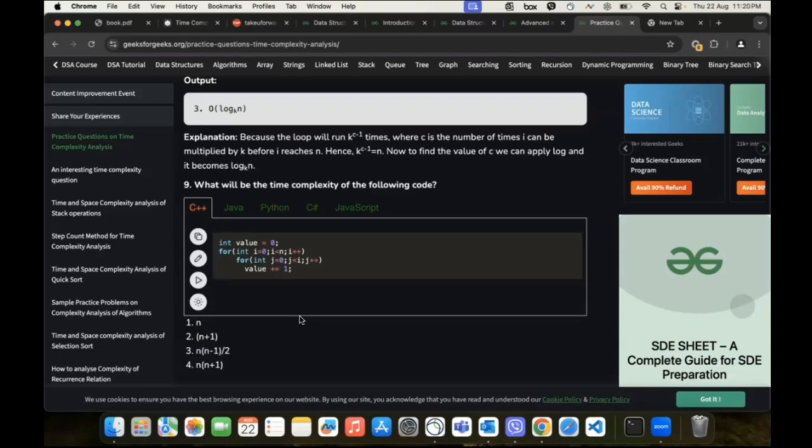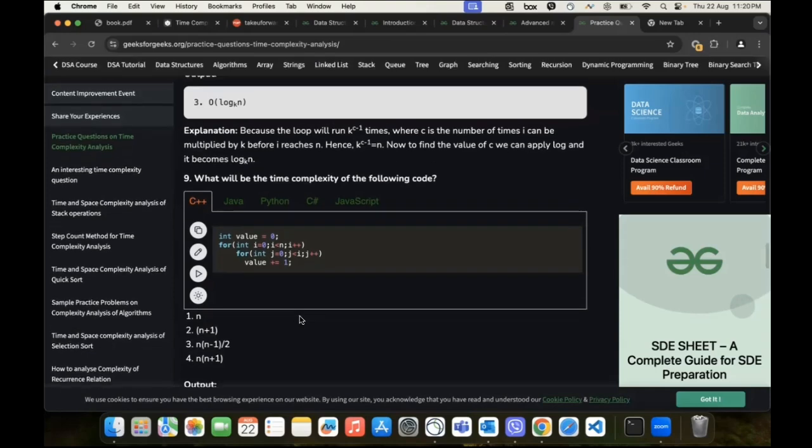So for sure the outer loop will run n times, correct, and then the inner loop depends on the outer loop. Third one: n into n minus 1 by 2.